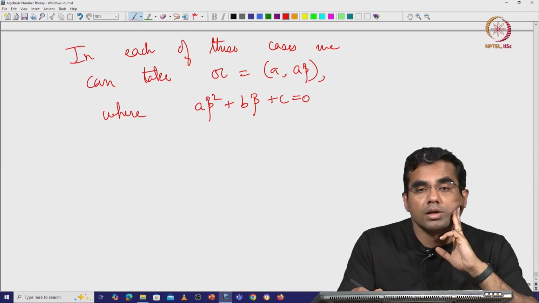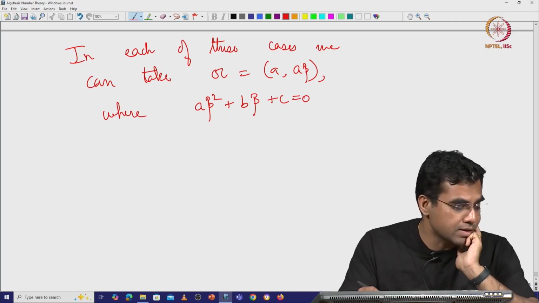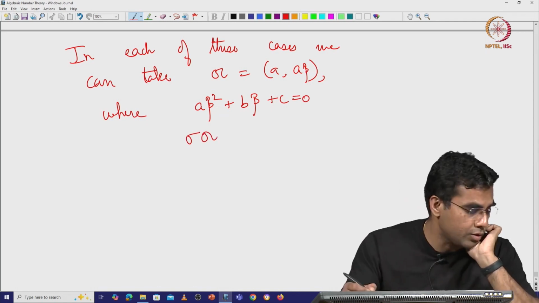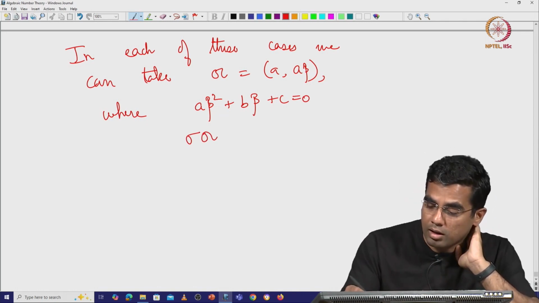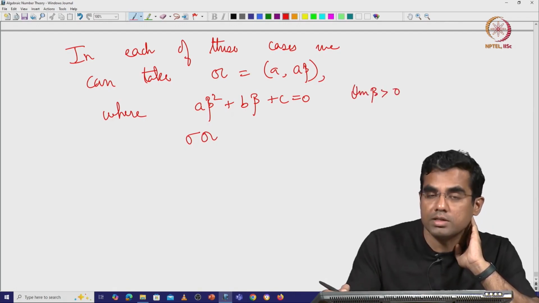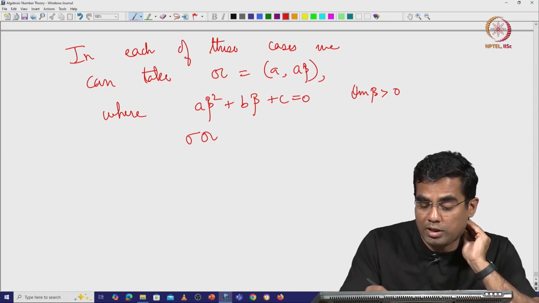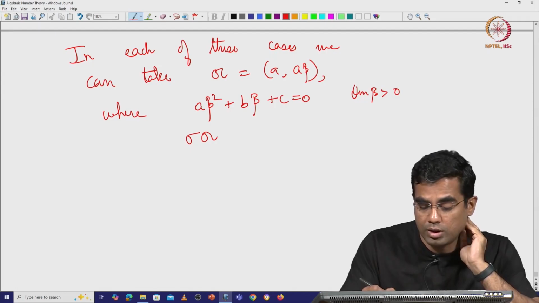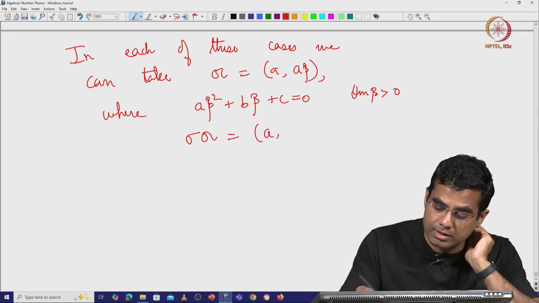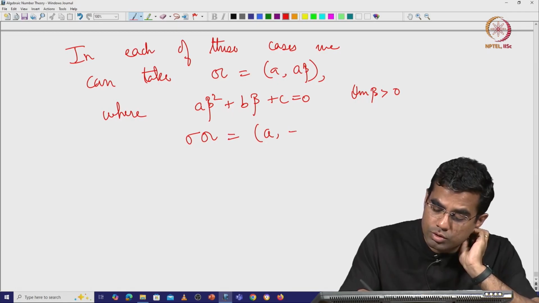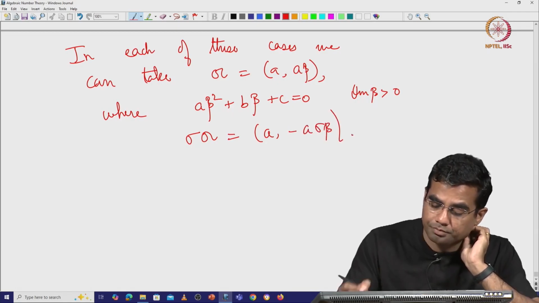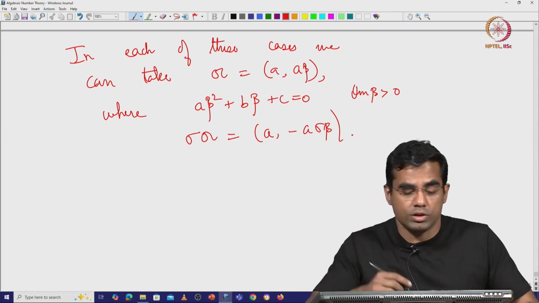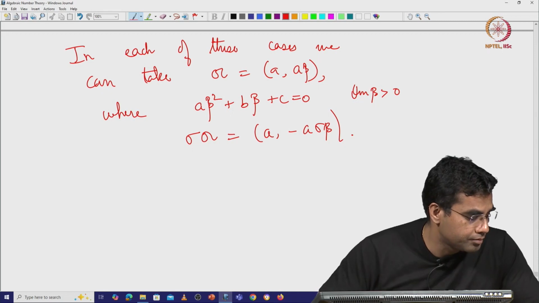So, beta is any number which satisfies this, and of course we choose beta so that the imaginary part of beta is bigger than 0. There are two betas which satisfy this equation, one of them will have imaginary part bigger than 0, the other one will have imaginary part less than 0, and so this is the one we choose, so minus a sigma beta. So, we can change our A within its class and assume that our A is like this.